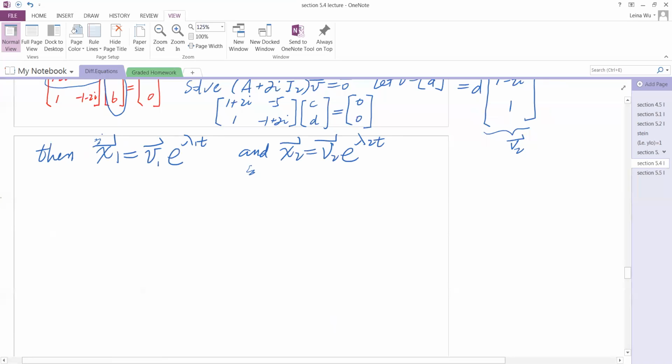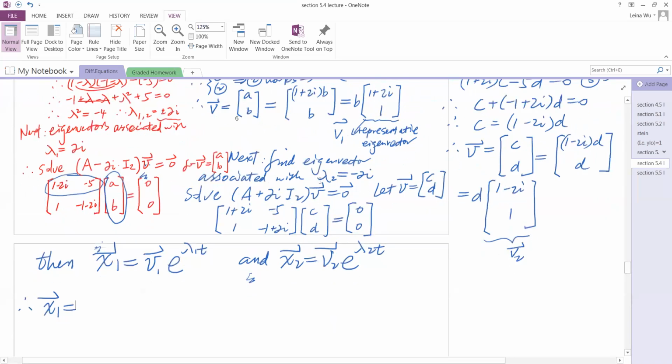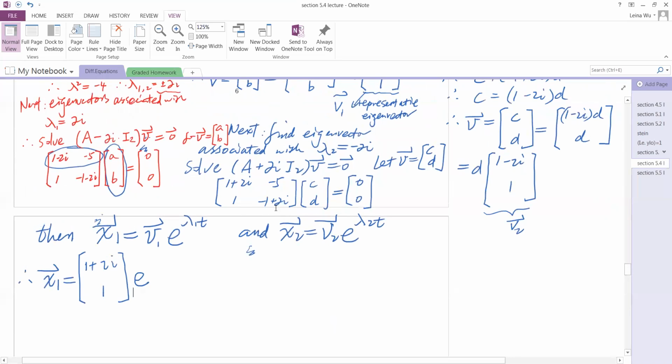Okay. Let's do x1. So x1 would be v1. v1 is what we just looked at here. It's 1 plus 2i, 1, that's v1, e raised to lambda 1 t. Lambda this time is 2i. So 2it. Good?